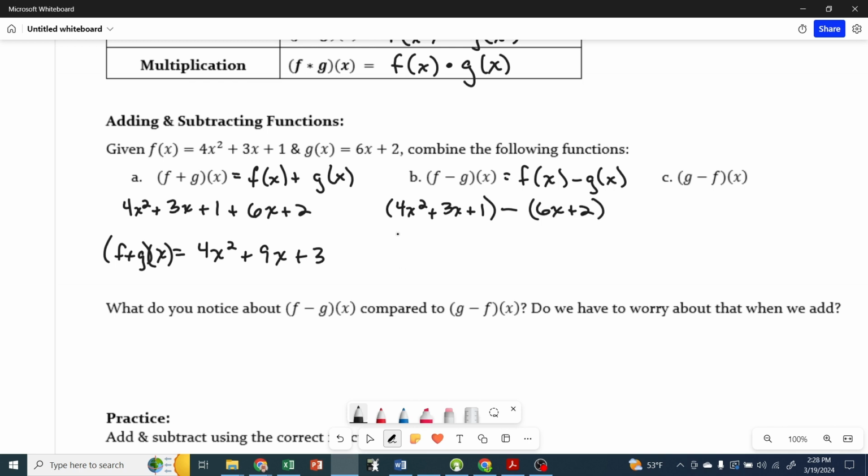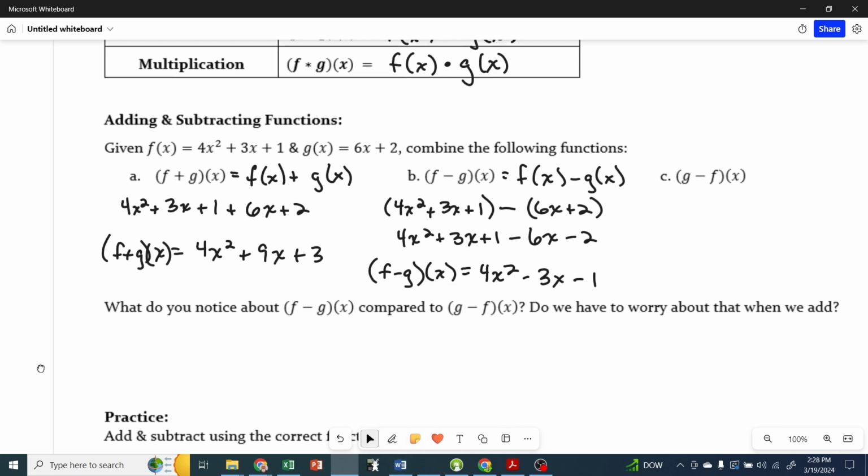So I'm going to clear my parentheses now, and I end up with 4x squared plus 3x plus 1 minus 6x minus 2. I distributed the minus sign. So I'm going to combine like terms, and that'll finish my problem. So f minus g of x is equal to 4x squared, nothing to combine. 3x minus 6x gives me negative 3x. 1 minus 2 gives me minus 1.